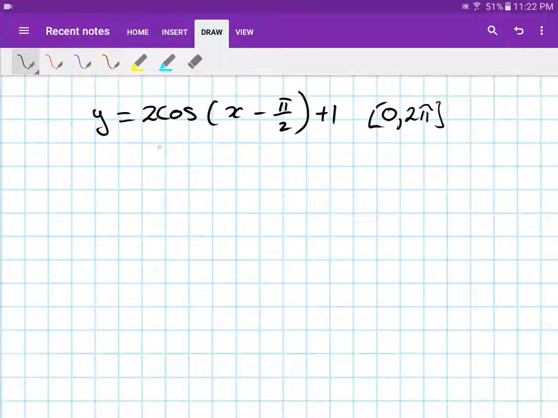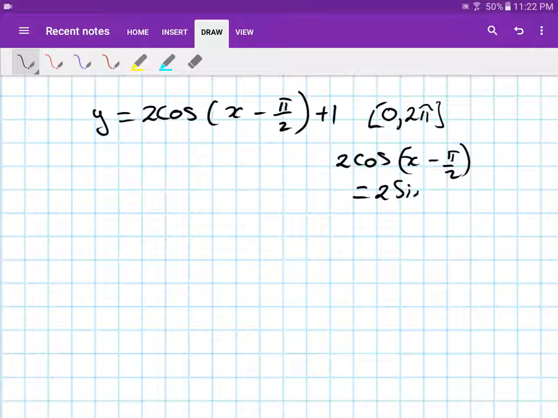To graph this, you can graph y equals cos x first, and then you move pi over 2 to the right, and then you add 1. But if you think about it, 2 cos of (x minus pi over 2) is the same as 2 sine of x, because cos of (x minus pi over 2) is the same as sine x.